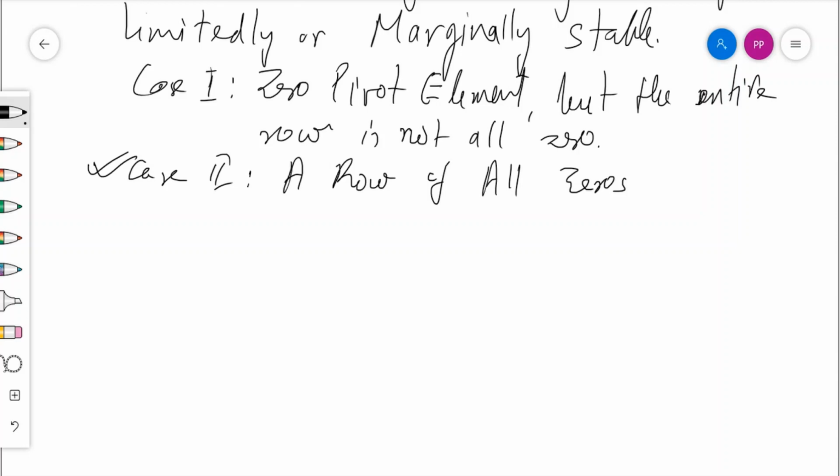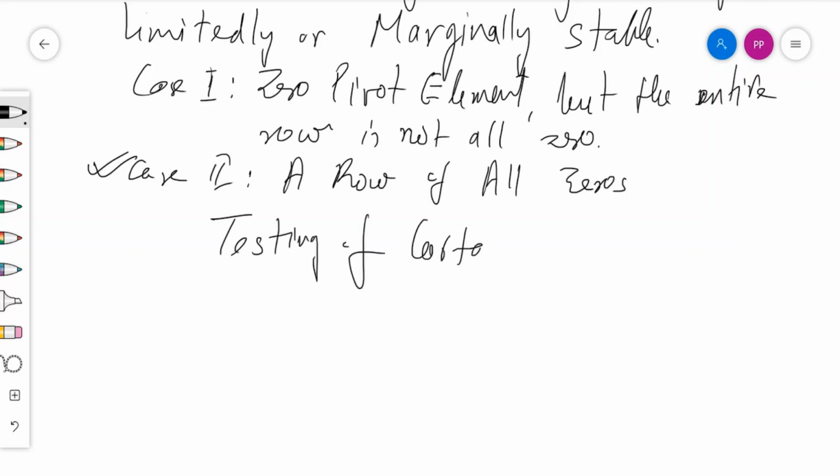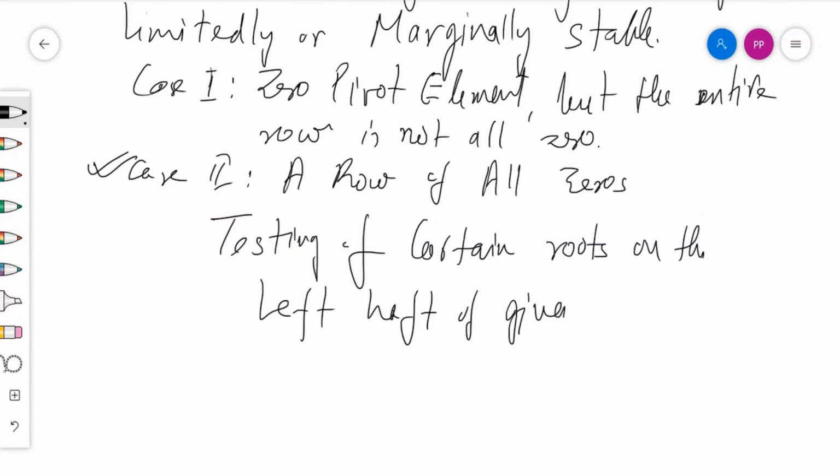So we can consider another example, testing whether certain roots are on the left half of a given point on the plane.